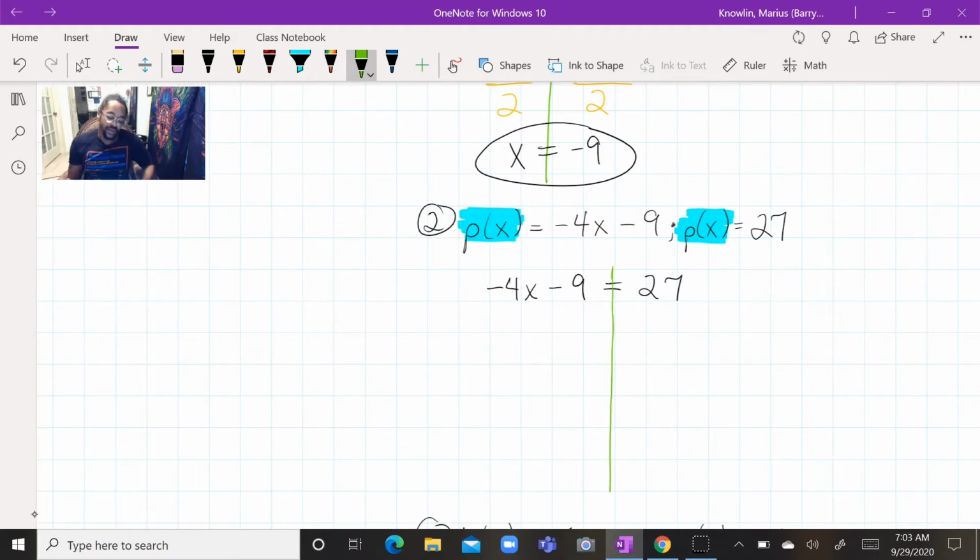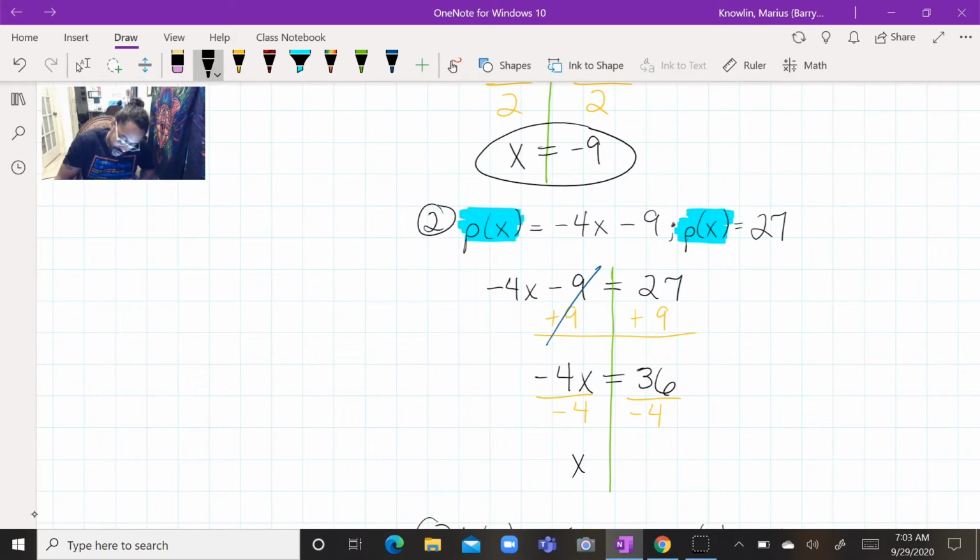And now we can go ahead and solve for x. We first want to add 9 to both sides. The 9's cancel out. This is going to make negative 4x equals positive 36. And our last step is to divide everything by negative 4, which makes x equal to negative 9.